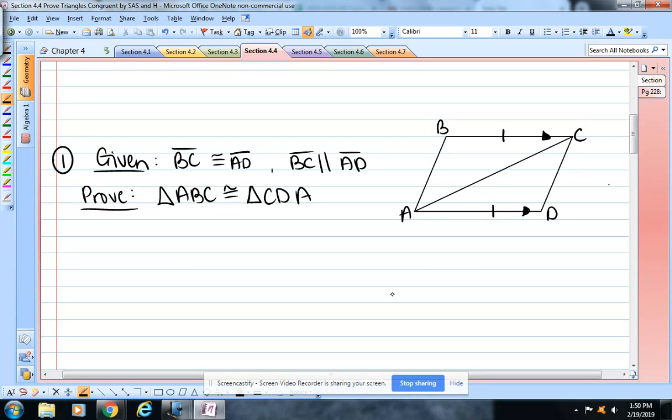Make sure you draw the picture because your notes won't make sense if you don't draw the picture. All right, so if we're doing a proof, we got to have two columns, statements and reasons.